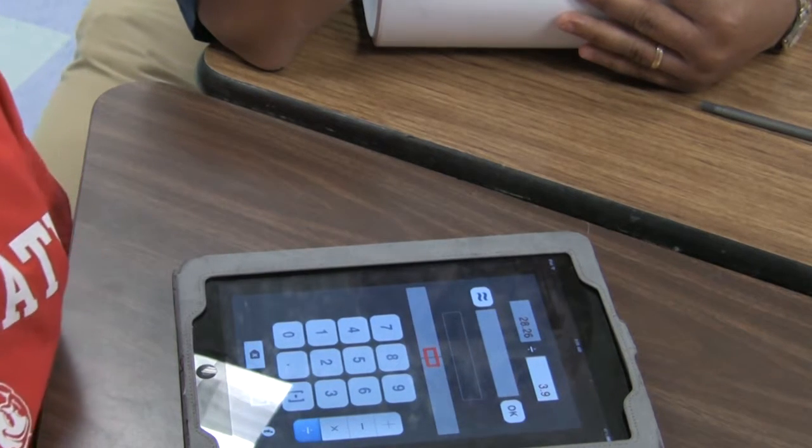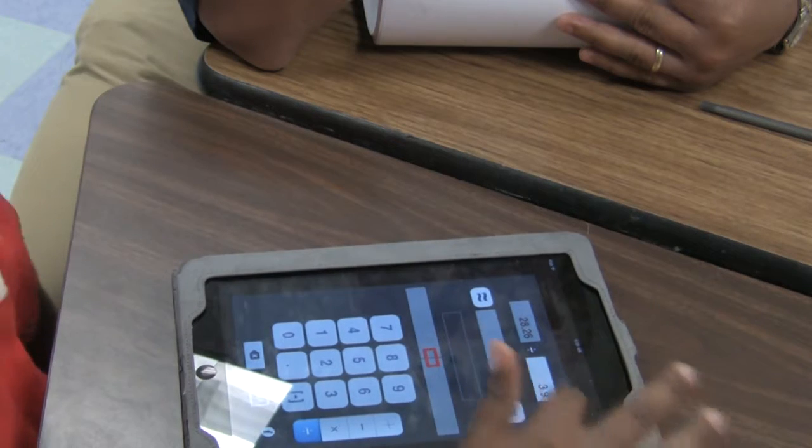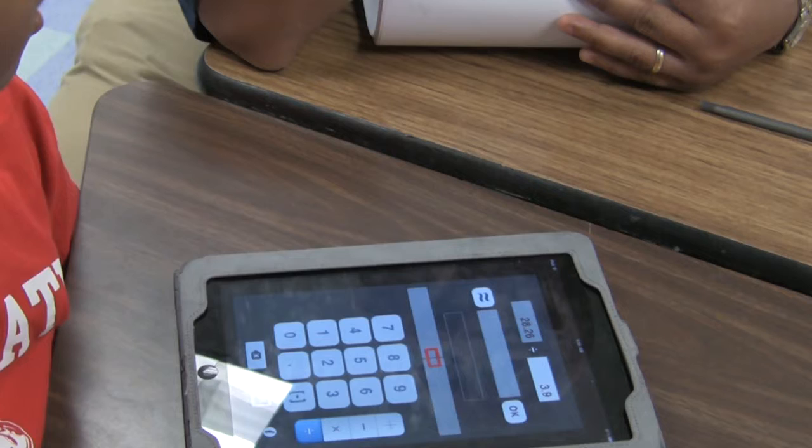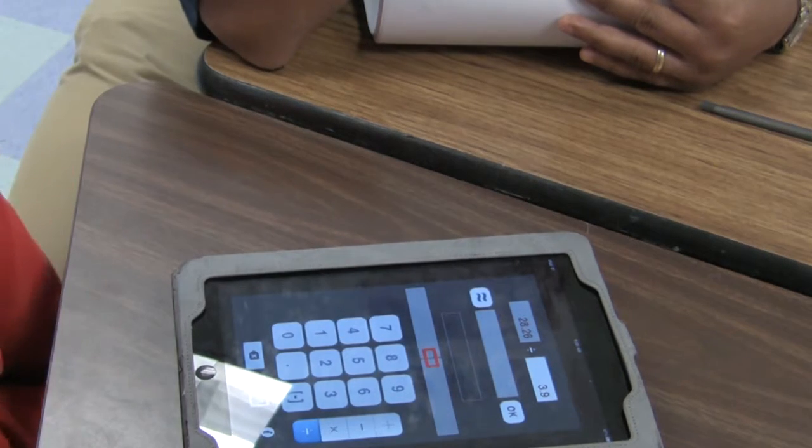Take a look at it again. Tell me how you got 12 and 2/10. I times 3.9 by 3.